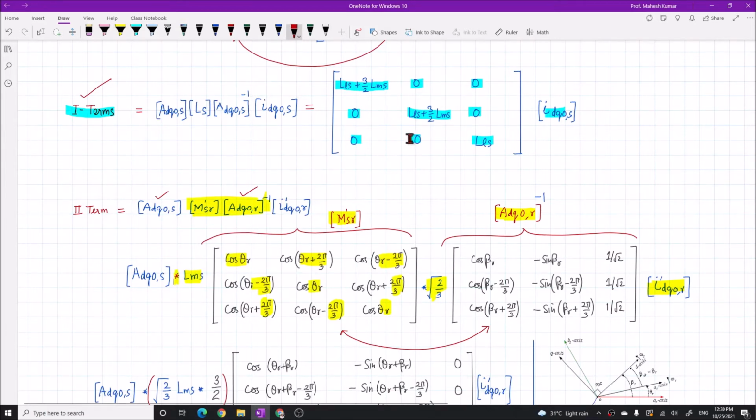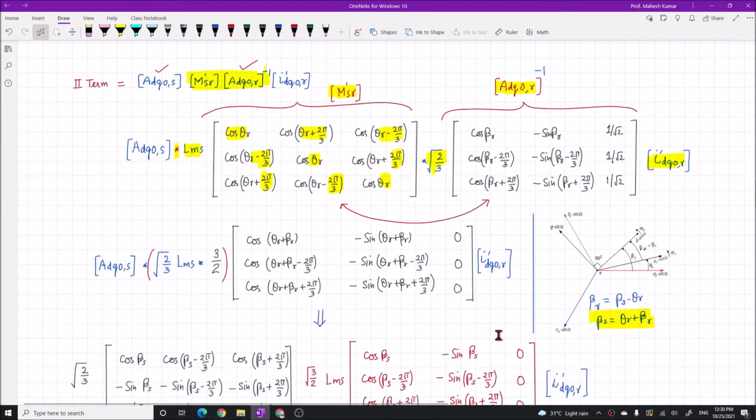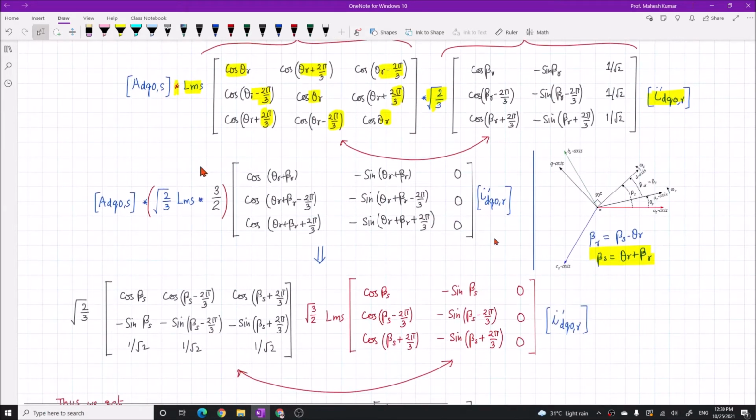First we will multiply this and this. If we multiply these two matrices, then the final result of their multiplication is this.